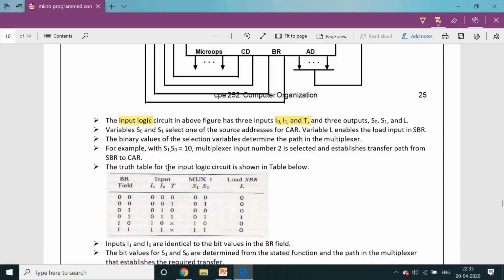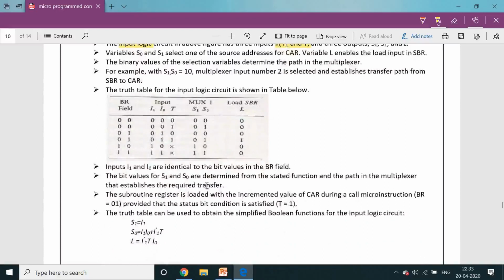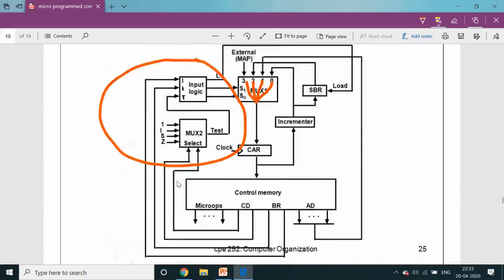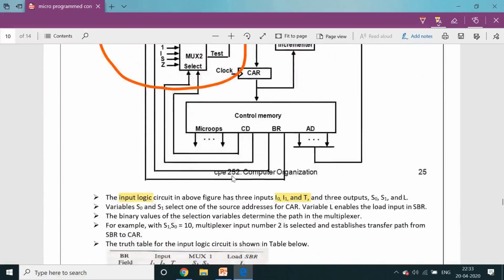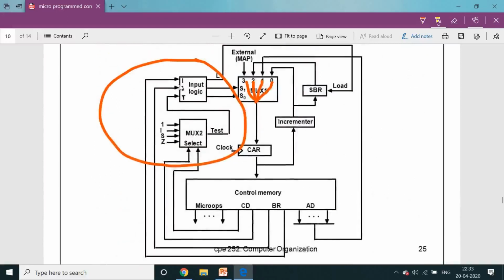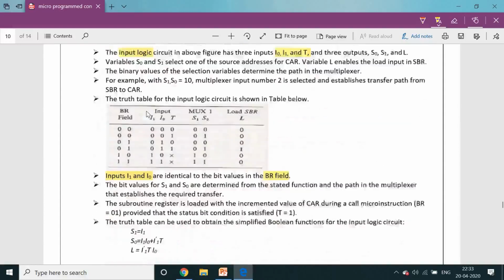The truth table for the input logic circuit is shown below. Here is the branch field. One more important point: inputs I0 and I1 are both the same as the branch field, because the 2 branch bits are directly connected to I0 and I1.